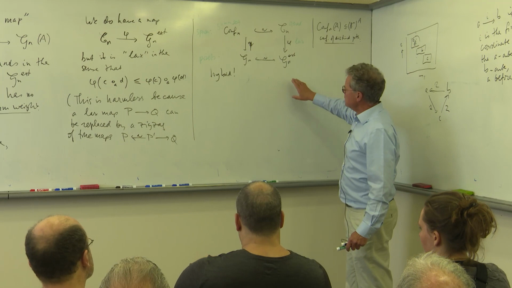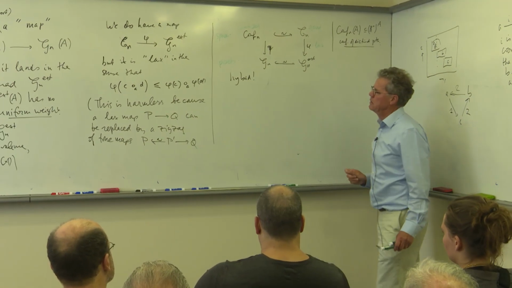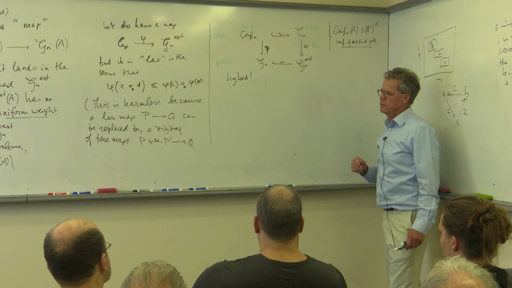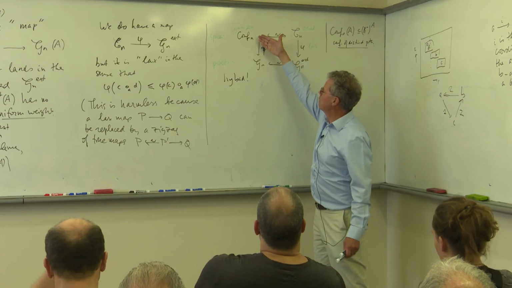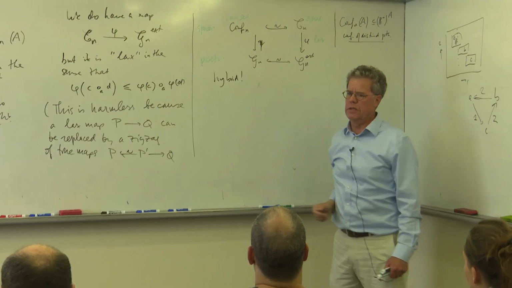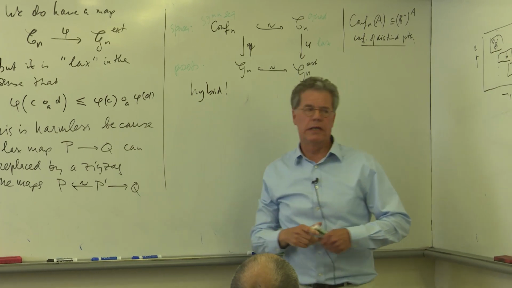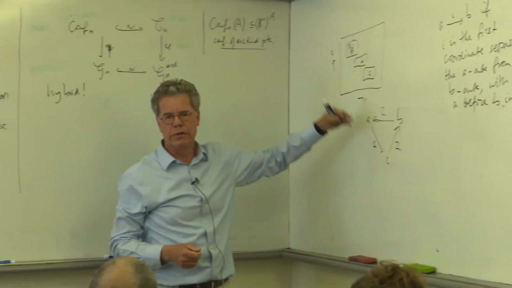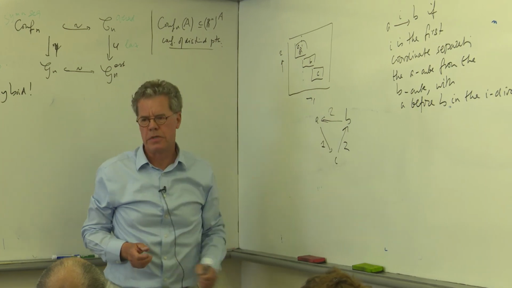I told you a little bit about how to deal with the notion of a lax map. There's one other thing, namely, what do we do for a map between a space and a poset? And mind you, I didn't say anything about continuity. It's just a map from a space to a poset.